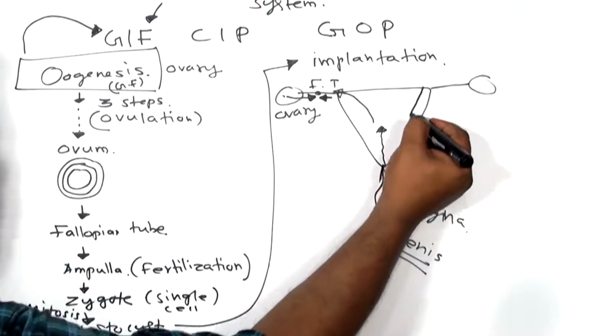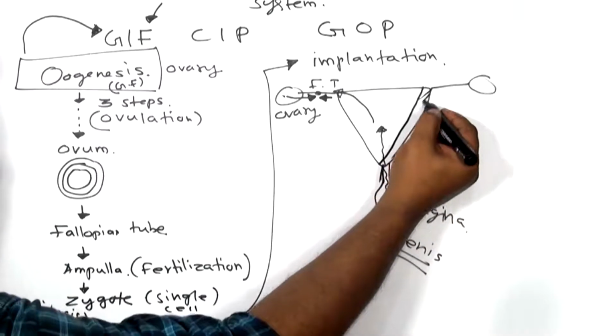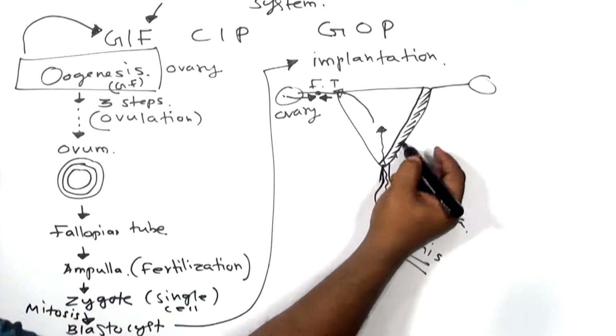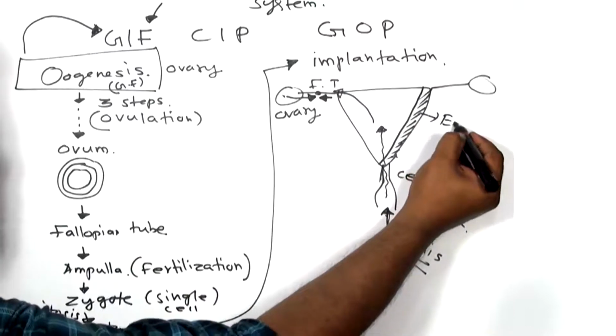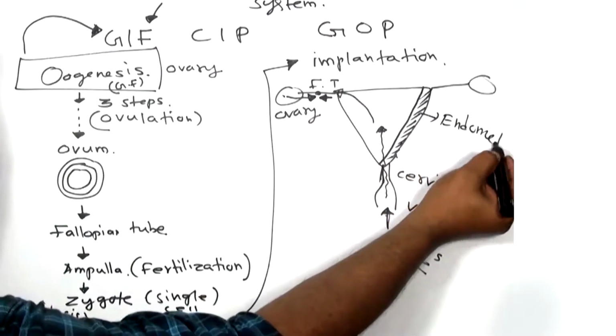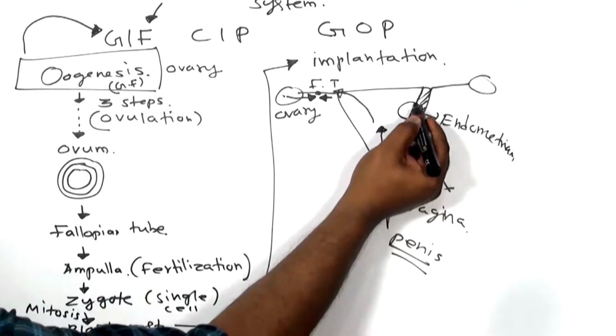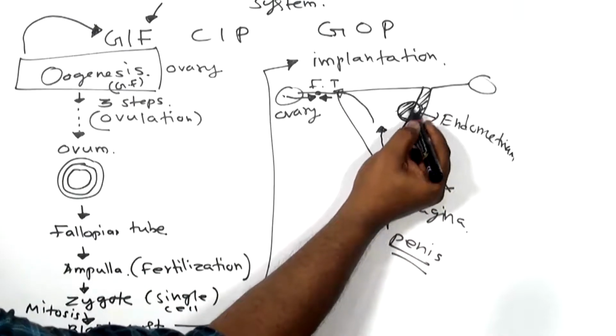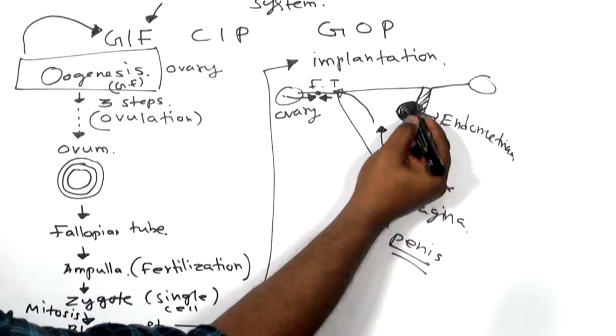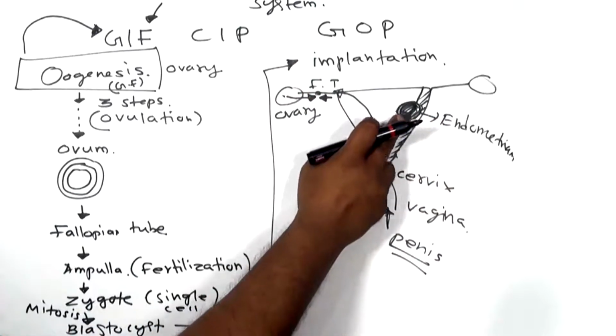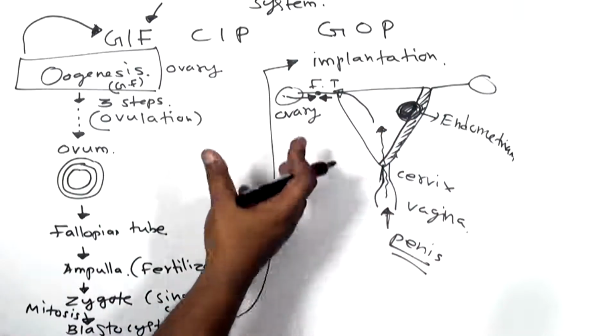In the uterus, there are 3 layers. One layer we call the endometrium. In that endometrium, the blastocyst is going to implant. Once it gets implanted, what will happen next?